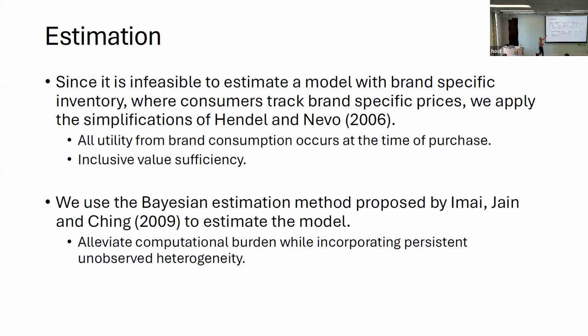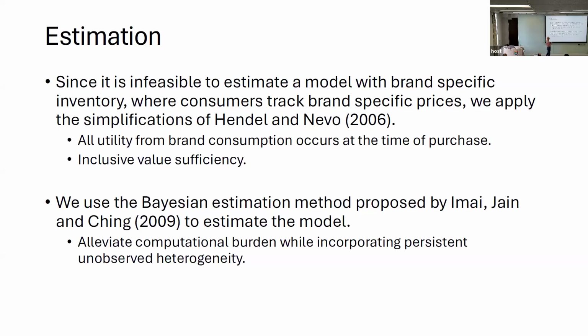Now, when we come down to estimating this model, we use a Bayesian estimation method. This is an approach proposed by Imai, Jain, and Ching, and others. This method has the advantage that you can allow for unobserved heterogeneity, in the sense of continuous unobserved heterogeneity.